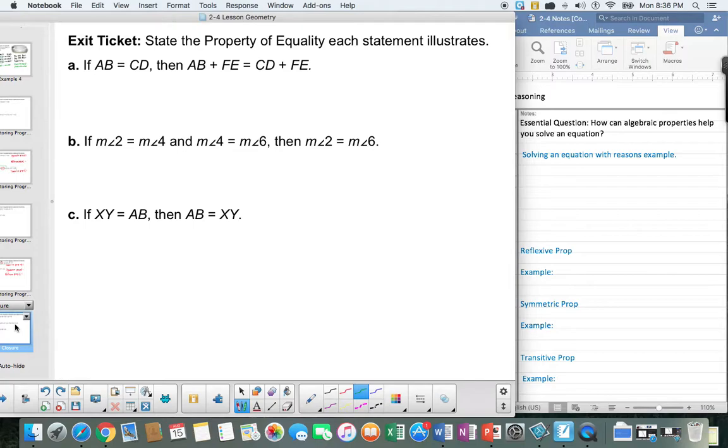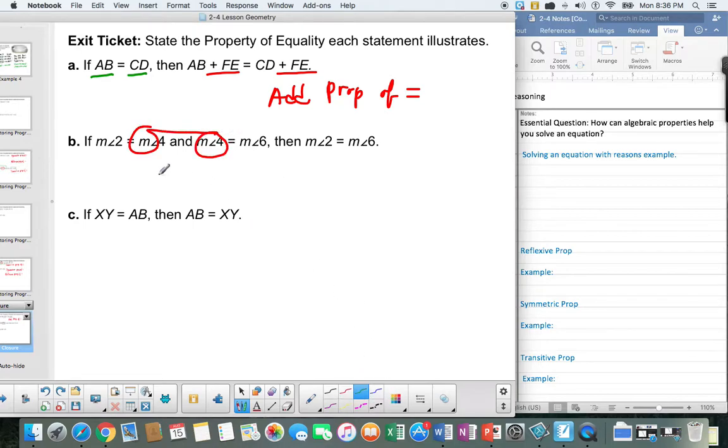Okay, here's our last slide. State the property of equality each statement illustrates. Okay, so I see A, B, and C, D. And what I see is something's being added to both sides. So this is the addition property of equality. Okay, I see two things that are equal, and there's a connection right here.